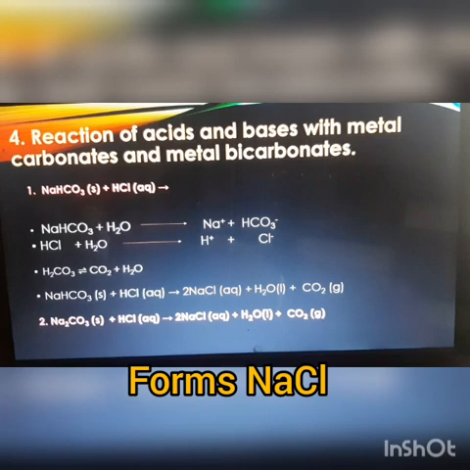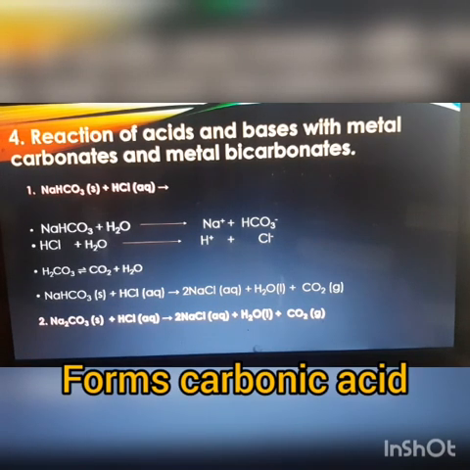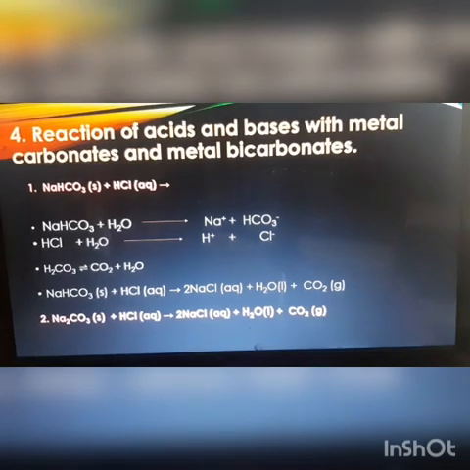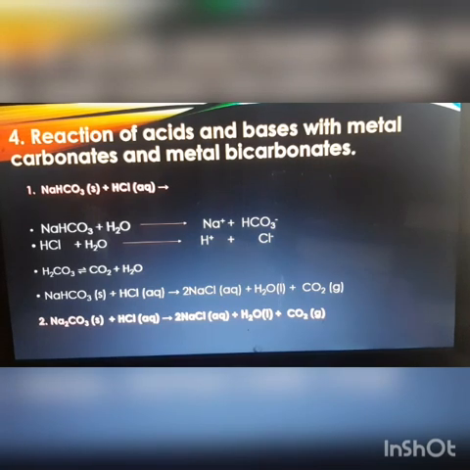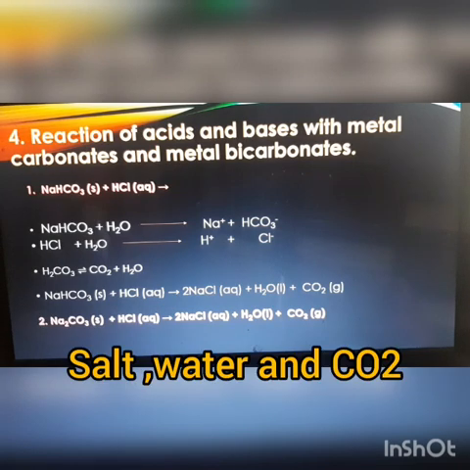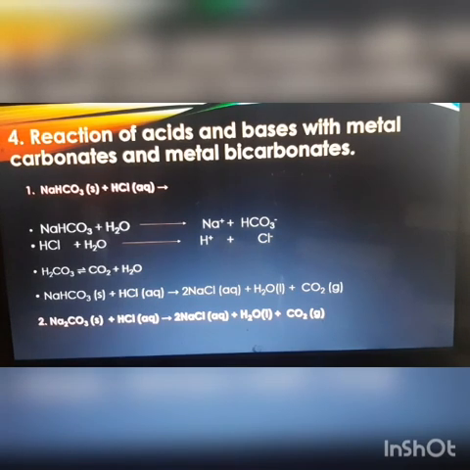Hydrogen ions go to the carbonate ions and form carbonic acid, which splits into water and carbon dioxide. So when an acid reacts with either metal carbonates or bicarbonates, it always forms salt, water, and a release of carbon dioxide with the fizz sound, and a brisk effervescence appears.